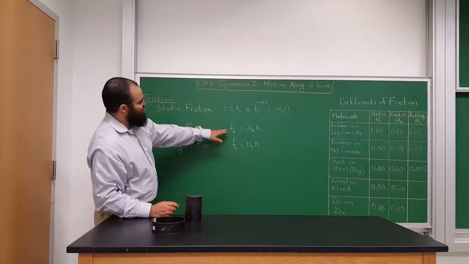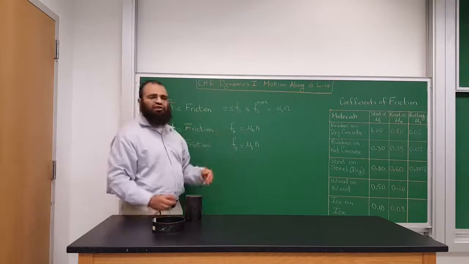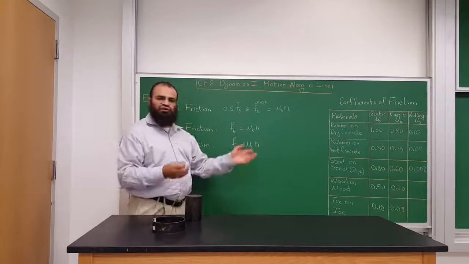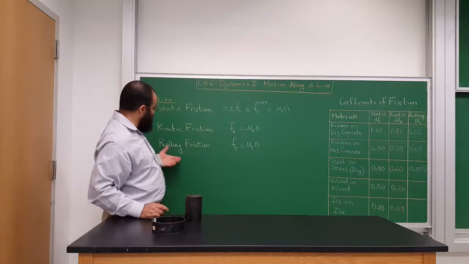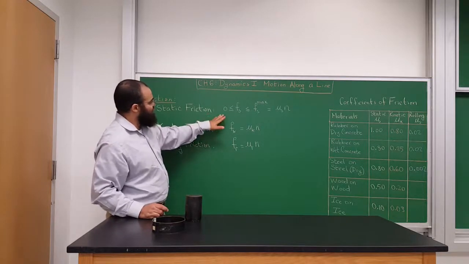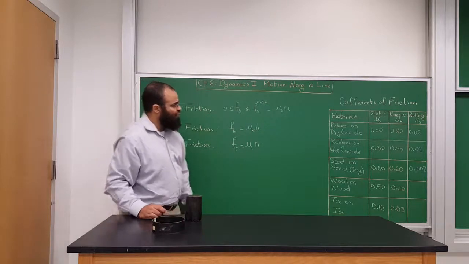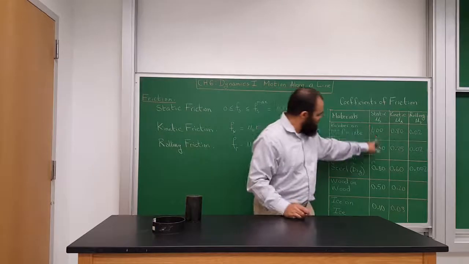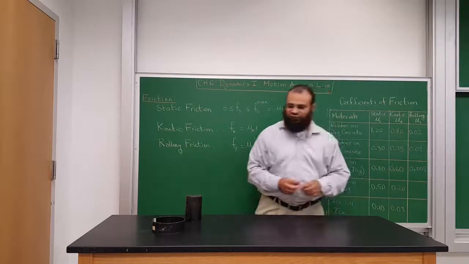And the coefficient of kinetic friction does not depend on the speed. Once it starts moving, it is what it is. It will take just one value. The same thing for rolling friction. And the force of static friction takes a range of values. So static usually has the larger value, kinetic smaller, and then rolling is even smaller.